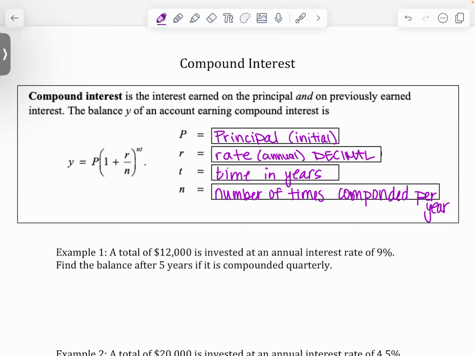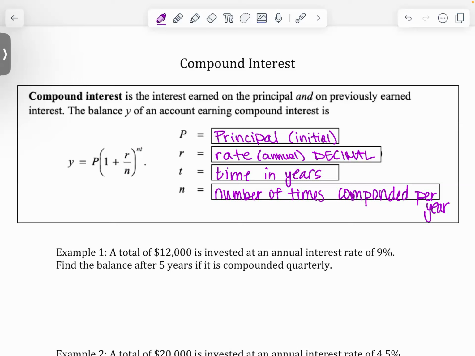So how many times are we refiguring our interest? Is it yearly? That would be 1. Is it monthly? That would be 12. Is it quarterly? That would be 4. A quarter of a year. How many quarters are in a year?